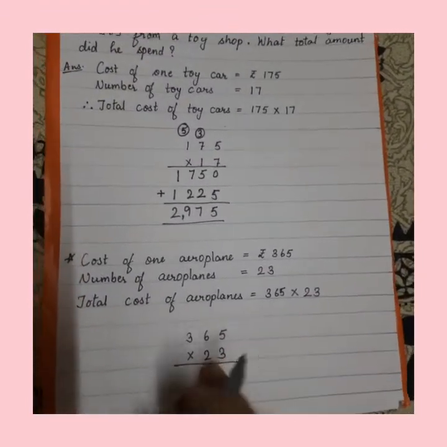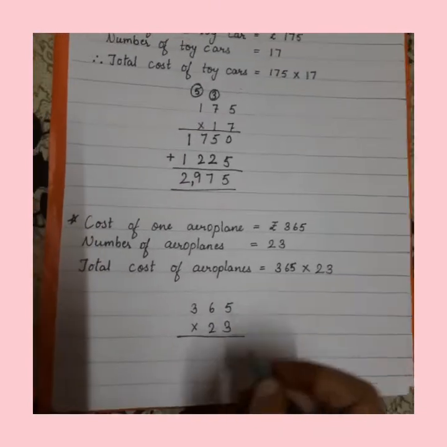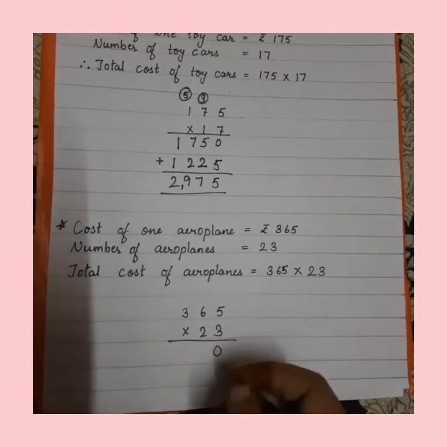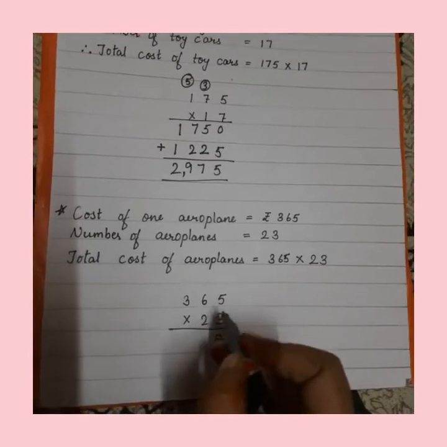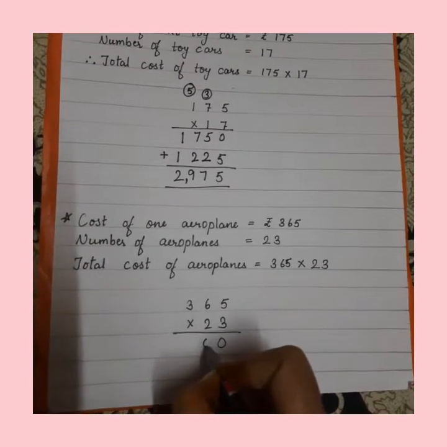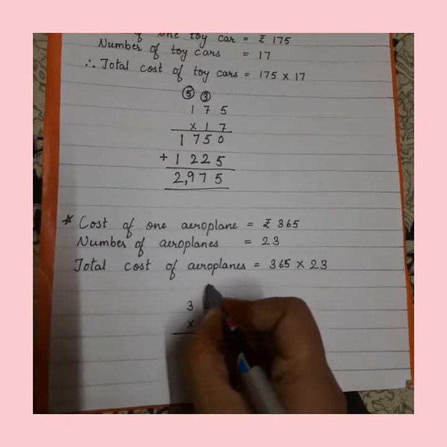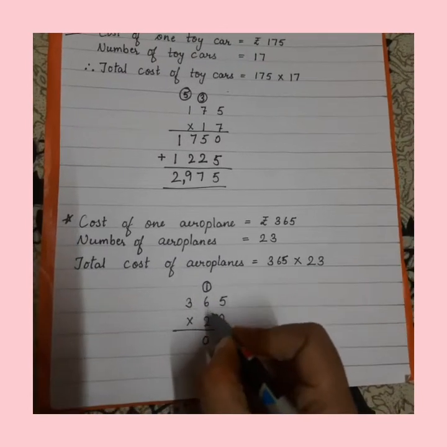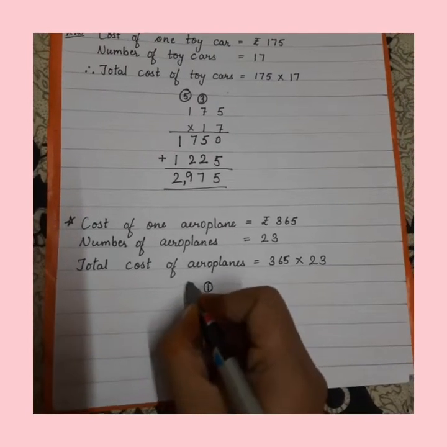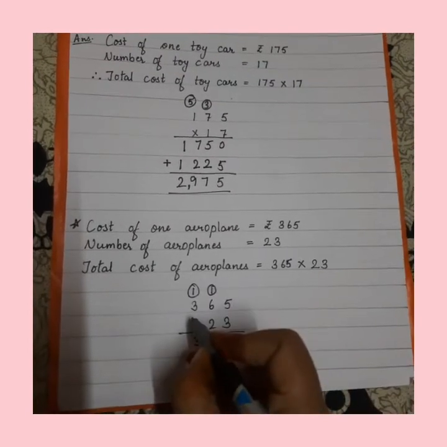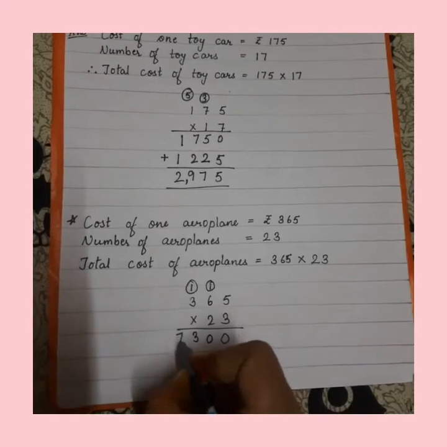Again 2-digit multiplication, so I have to put here 0. Then start from the right hand side. 2 5s are 10. So for that 0 I will write here. 1 will be carried upon. 2 6s are 12 plus 1 is 13. So 3 I will write here. 1 will be carried upon. 2 3s are 6 plus 1, 7.